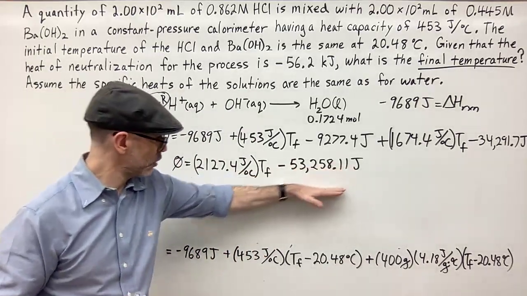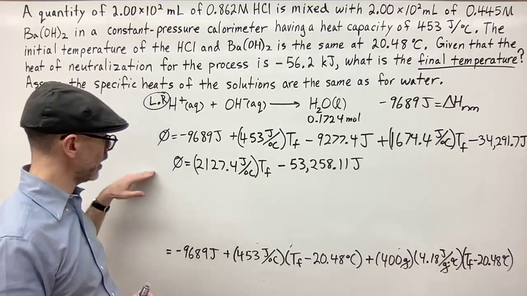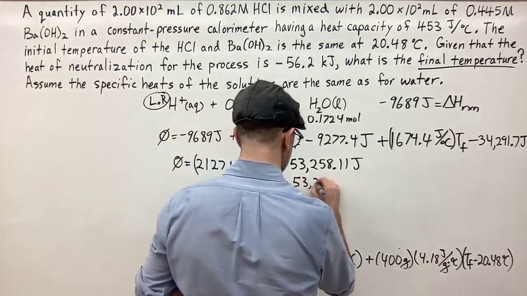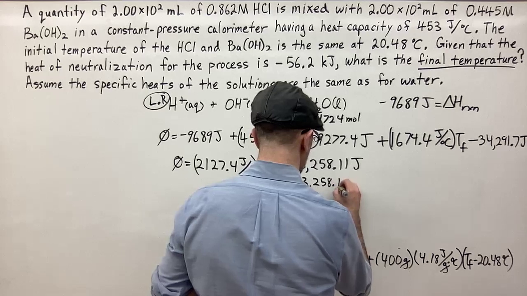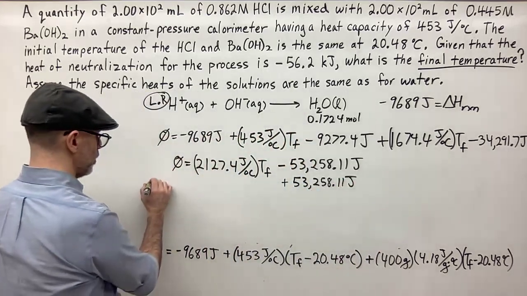Now all I need to do is get this over here to this side. So I'm going to add 53,258.11 joules over on this side with the 0.